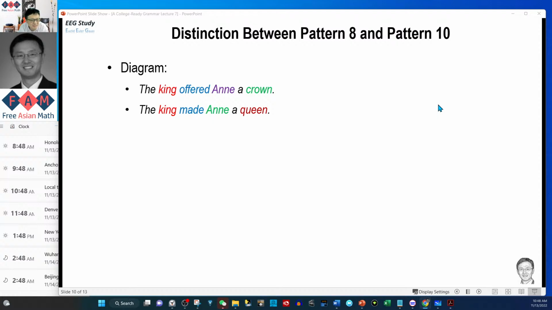The direct object must be crown. That is the recipient of this very action, offer. Anne can only be the recipient of the crown. So in pattern number 8 here, Anne is the indirect object.